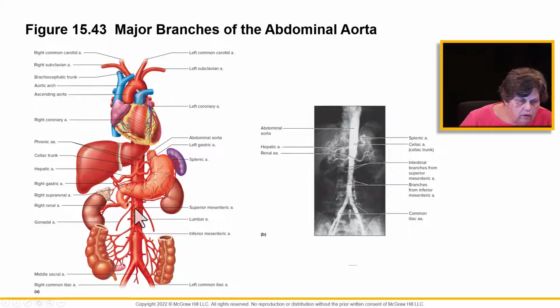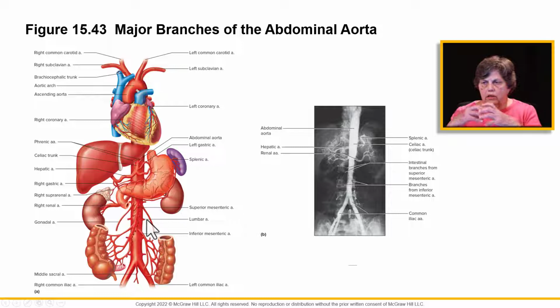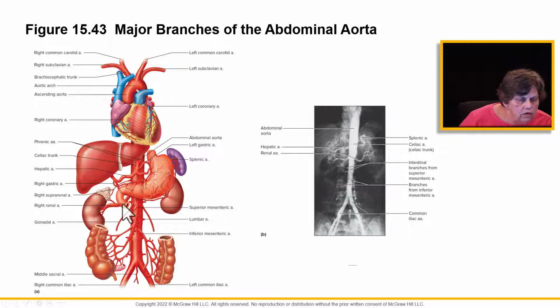You are going to break off and go to the mesenteric, your superior mesenteric. Go this way. And your inferior mesenteric's going to that connective tissue that holds the intestinal tract together. Also right there at the kidneys is the gonadal artery going down into the ovaries and the testes.